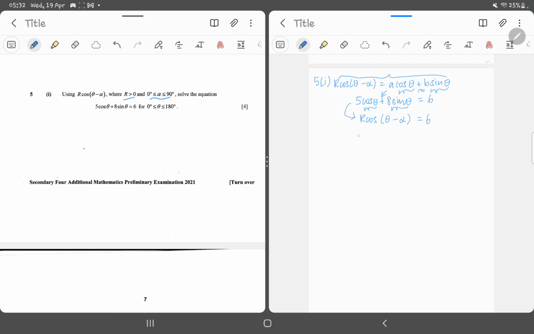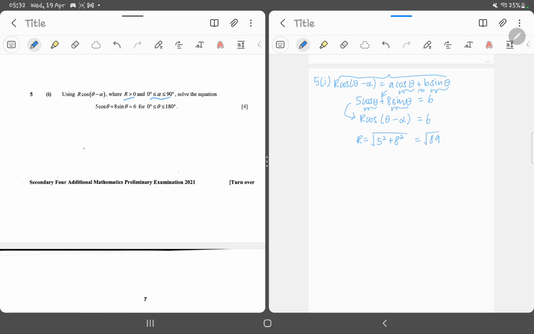For your r, it will be the square root of a square plus b square, in this case 5 square plus 8 square, which evaluates to 25 plus 64, that gives us 89. So square root 89.